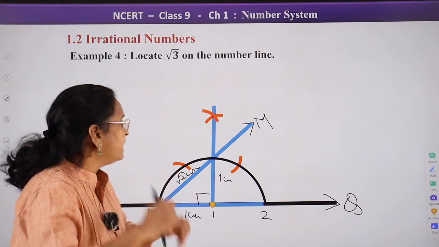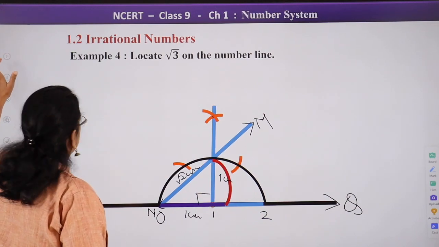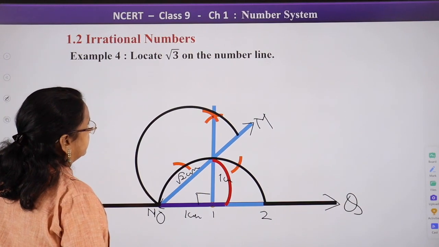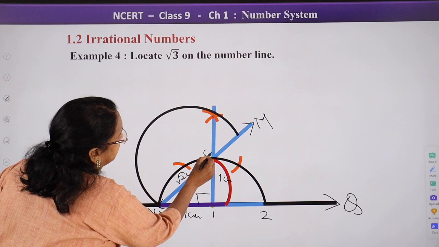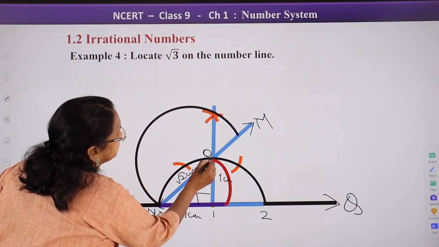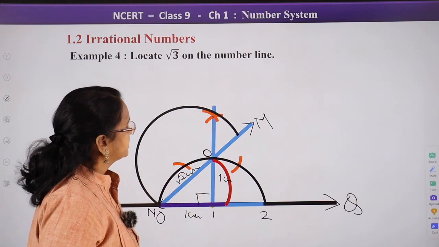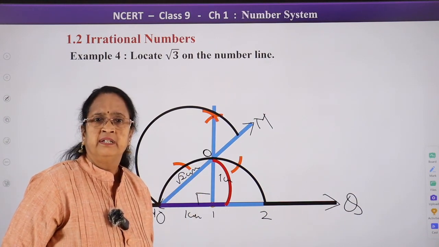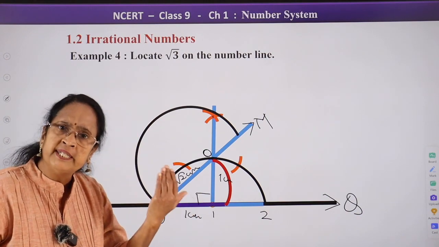Taking radius 1, I draw a semicircle. Taking this as center, I mark this O. Taking this as center, I have drawn a semicircle. Now this semicircle is to draw 90 degree.